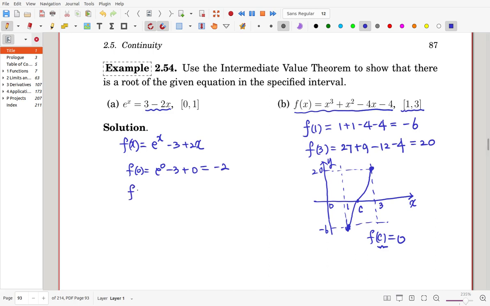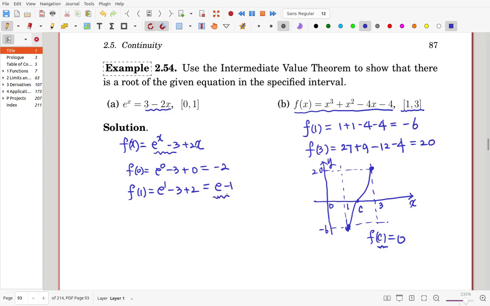How about f(1)? f(1) is e to the 1 minus 3 plus 2, which is e minus 1.